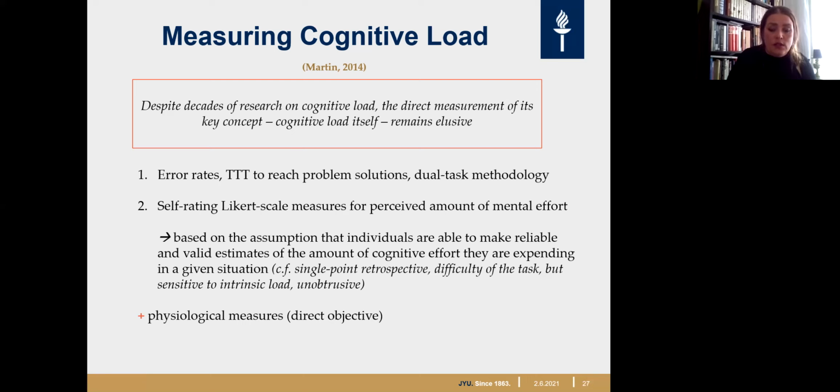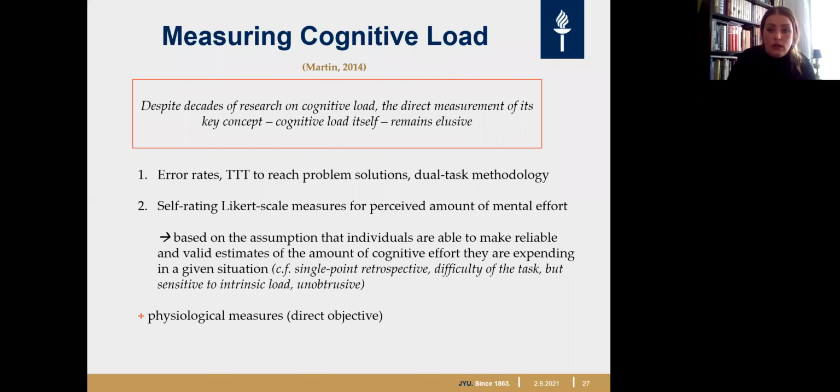Dual task methodology is a way that we have tasks to be conducted at the same time with different measurements, and then we see how cognitive load happens in this kind of setting. Second one is self-rating, Likert scale measures for perceived amount of mental effort.